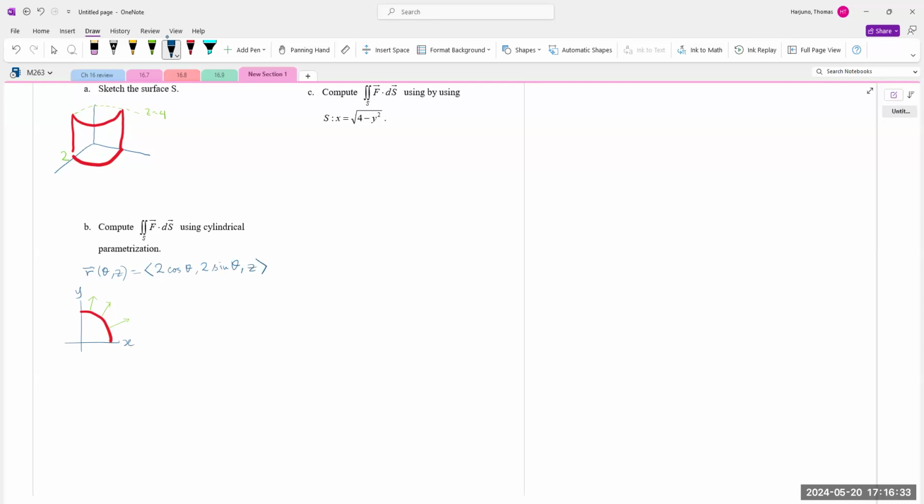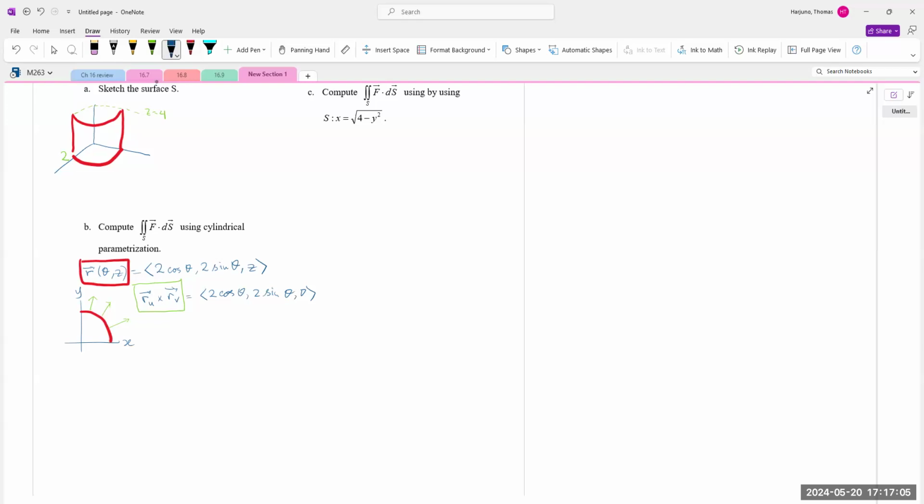Okay, and you will see that r_u cross r_v will be 2 cosine theta, 2 sine theta, comma 0. Okay, the one referred by the green arrow there, this is the one by the surface.